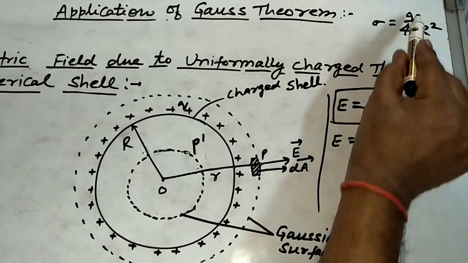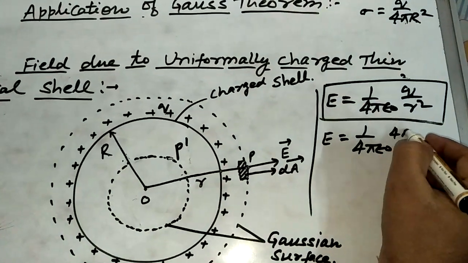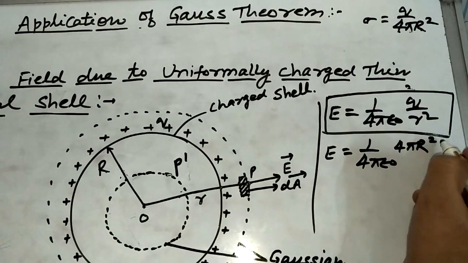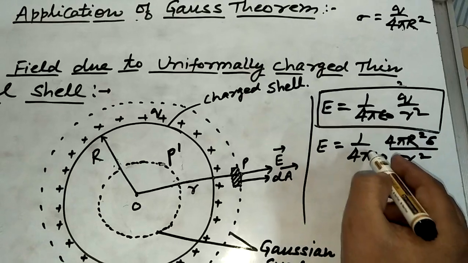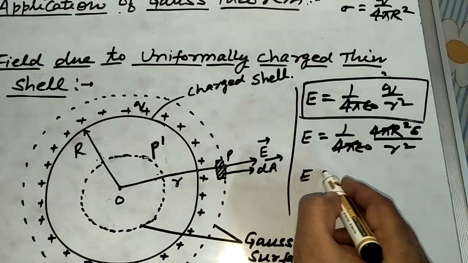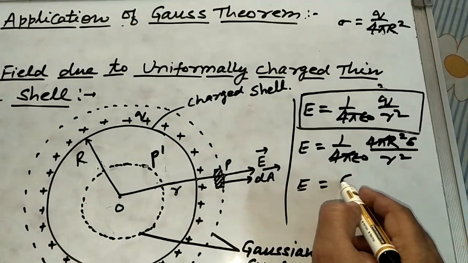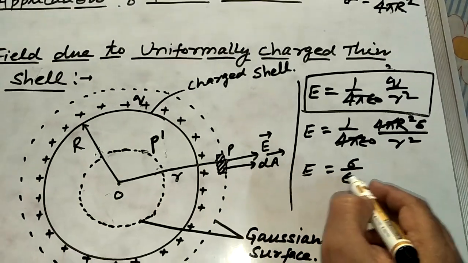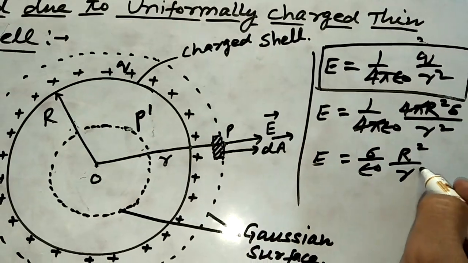In place of Q you can write 4 pi r square into sigma, so 4 pi r square sigma upon small r square. Now this 4 pi is cancelled by 4 pi, and you can write E is equal to sigma upon epsilon naught into capital R square upon small r square.